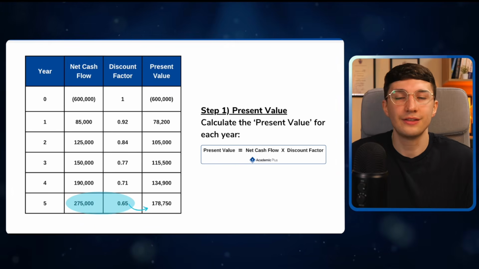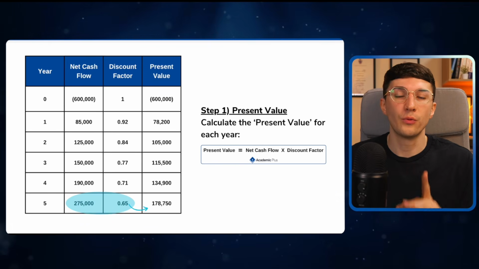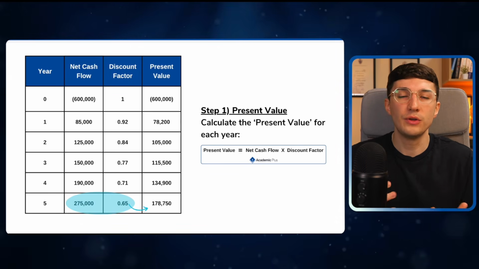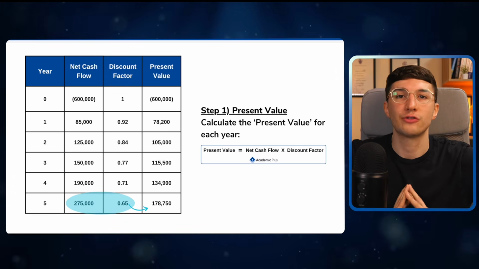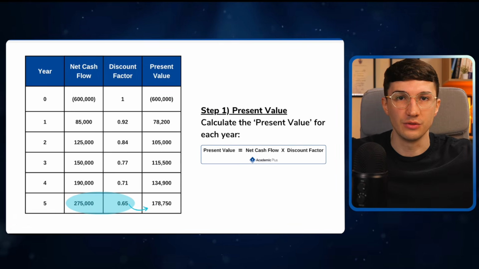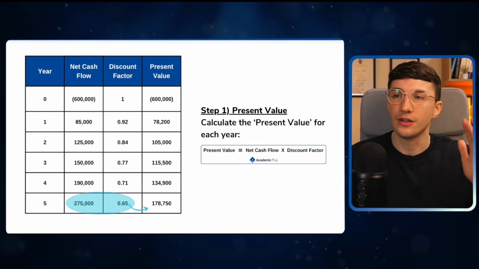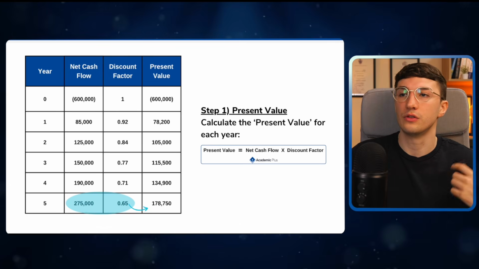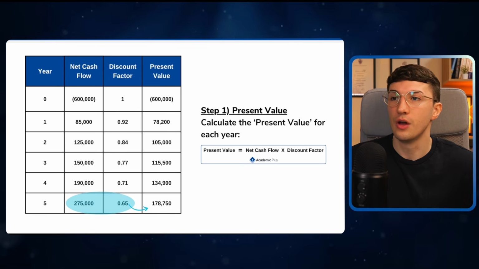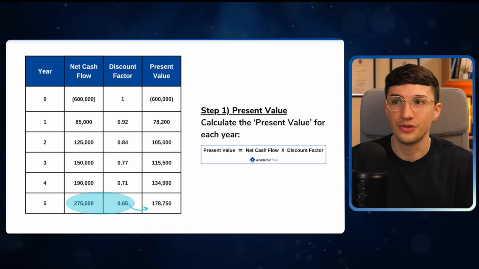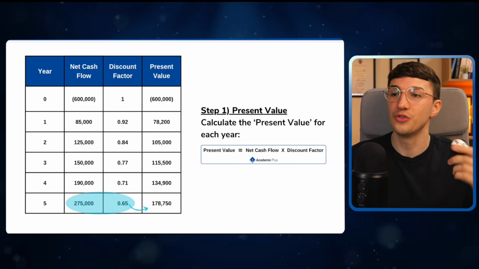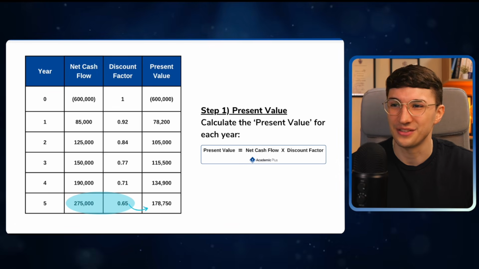Now we've calculated the present value column, but remember we want to calculate the net present value. And the way we do this, imagine you're casting a net over all of the present values. So all we want to do here is add that column together. So we do minus 600,000 plus 78,200 plus 105,000 plus 115,500 plus 134,900 and then plus 178,750.